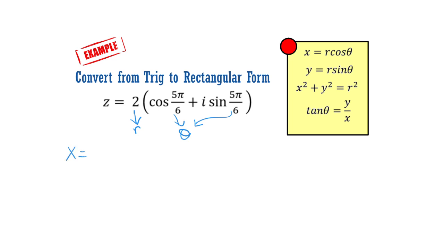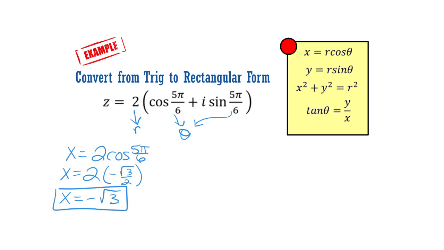So x is going to be equal to 2 cosine 5 pi over 6. And the cosine of 5 pi over 6 is negative root 3 over 2. Oh, times the 2, it's going to come out to just negative root 3. So we know our x. Now you do the same thing. y is equal to r sine theta. So 2 sine of 5 pi over 6.